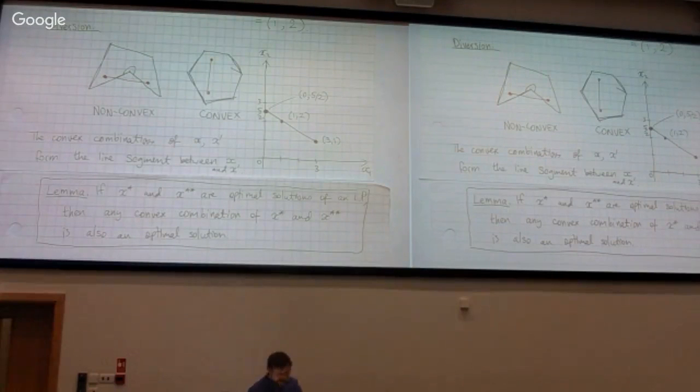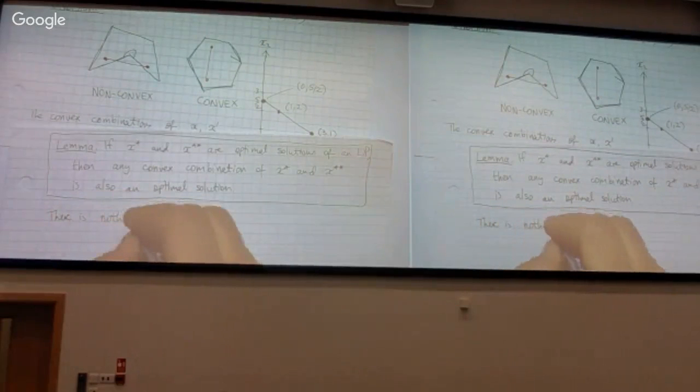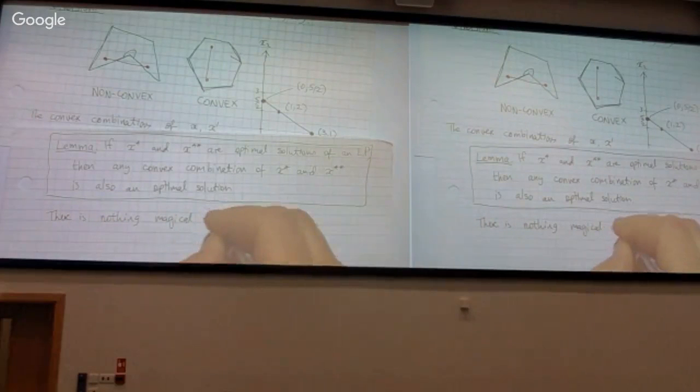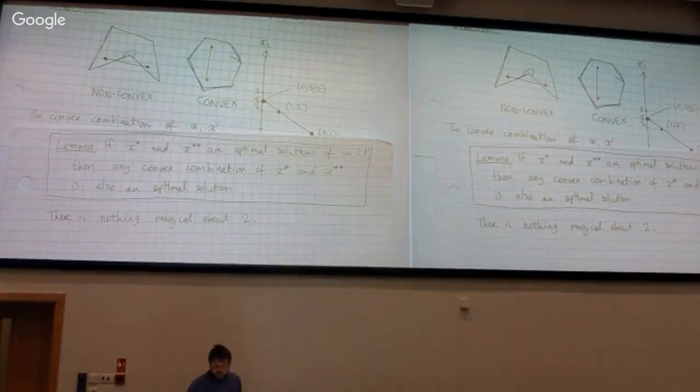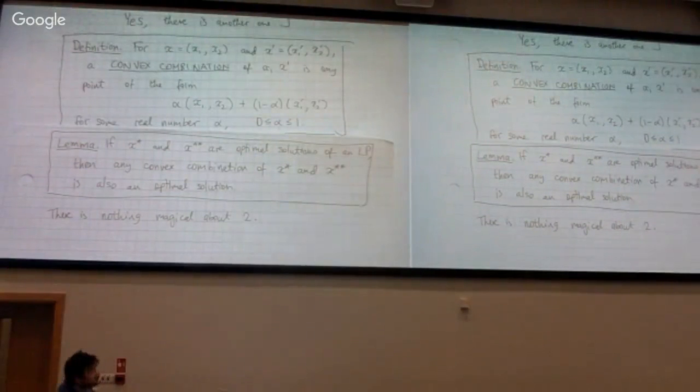First of all, there is nothing magical about the number 2. There are 2 2s in that definition.